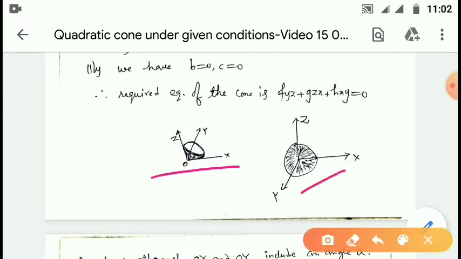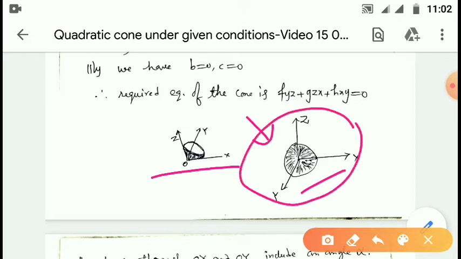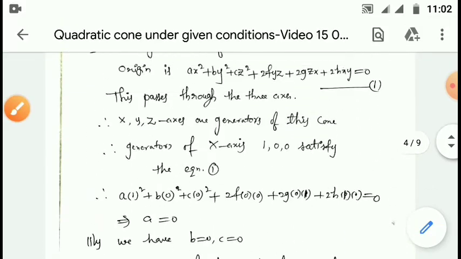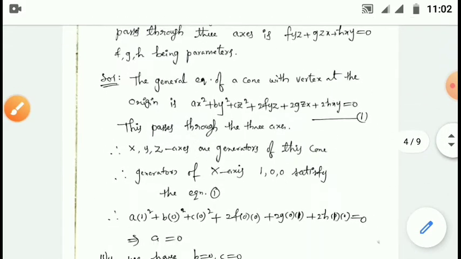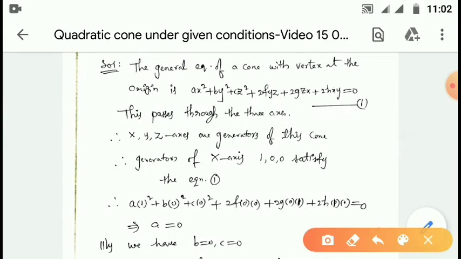Here is another diagram. If you see the cone from the direction of its base curve, the diagram looks like this. Actually this is a cone like this. So the cone is passing through the x, y, z axes, therefore the x, y, z axes are nothing but generators of this cone.